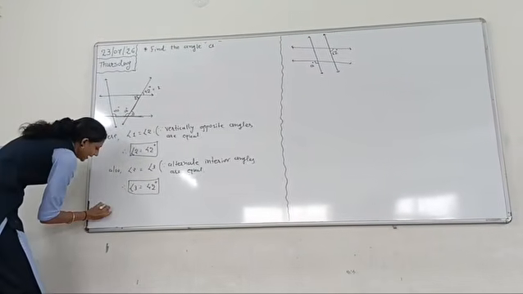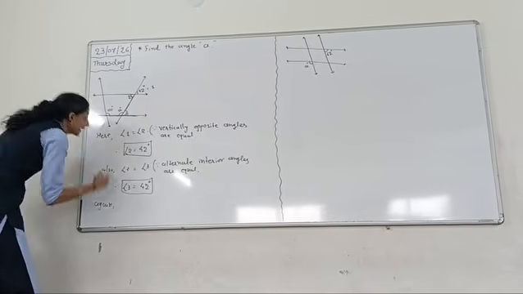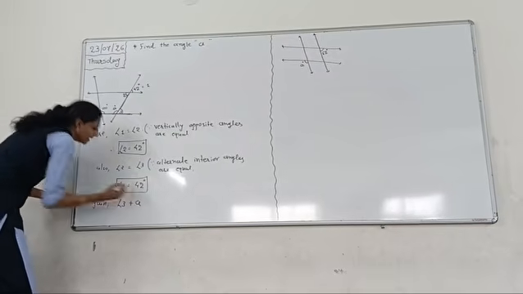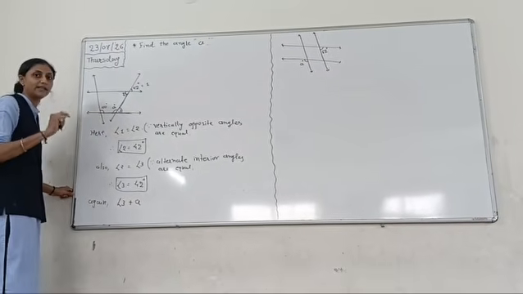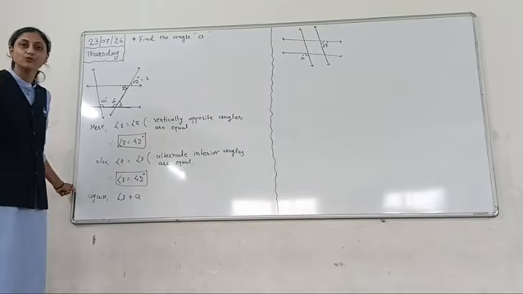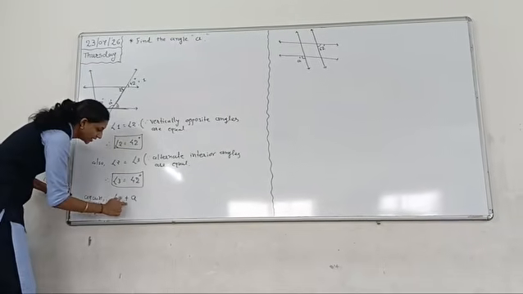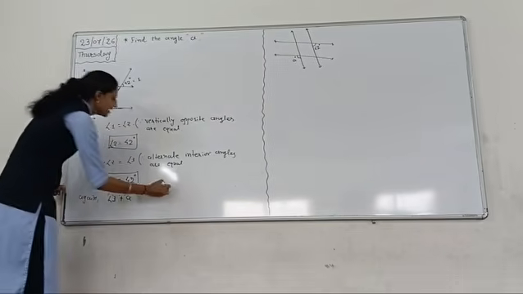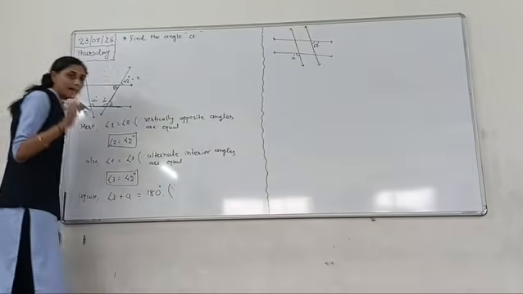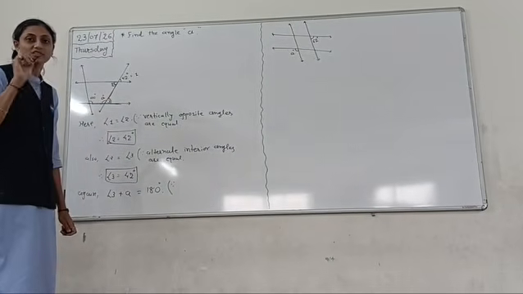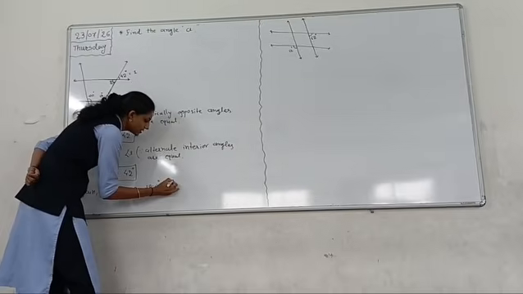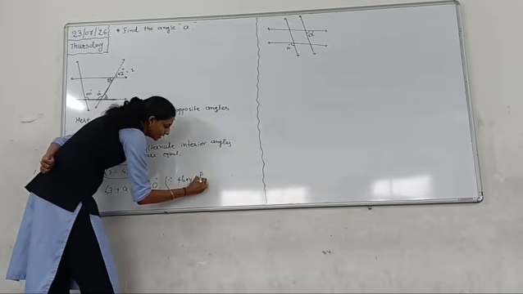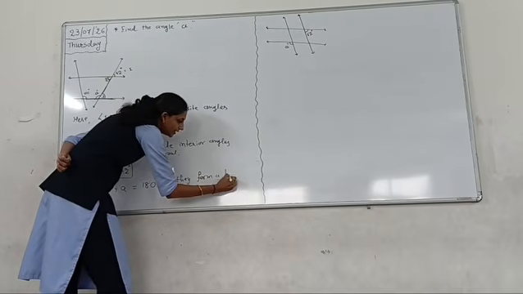Again we have angle 3 plus A. Both form a linear pair. Linear pair means they add up to 180. So we have angle 3 plus A equal to 180 degrees. Here we must mention the reason: because they form a linear pair.